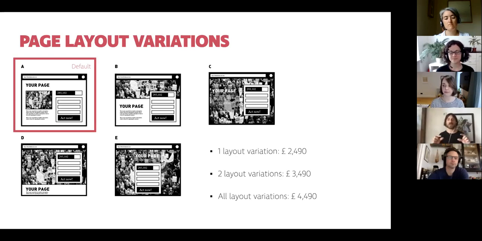So if you will have one page layout variation, that is about 1.5K for the first time as we're helping you migrate to the next generation. Obviously, if you buy all page layout variations, you will be very flexible and you can have all of these different types of designs available to you, and that is then discounted. So the more different variations you get, the cheaper it will become.